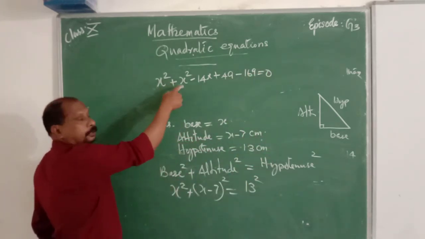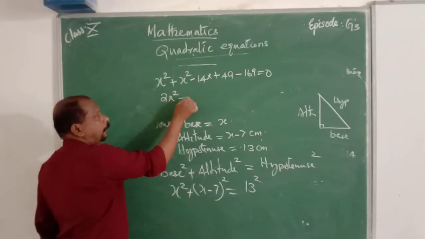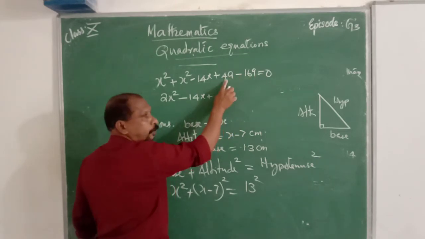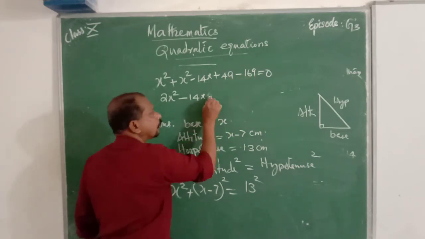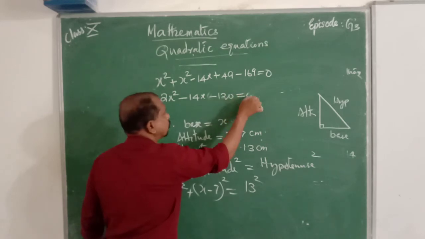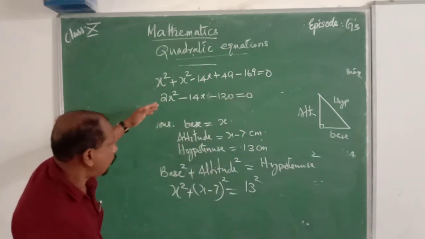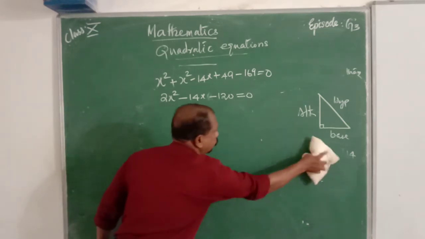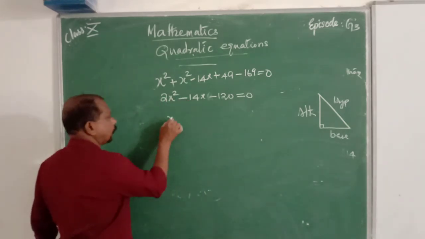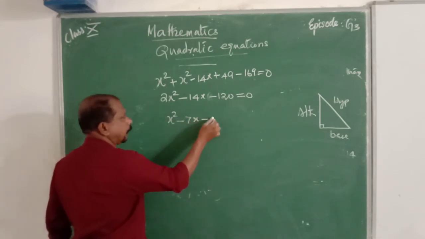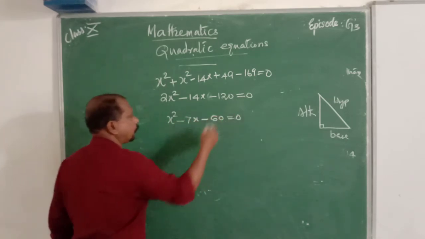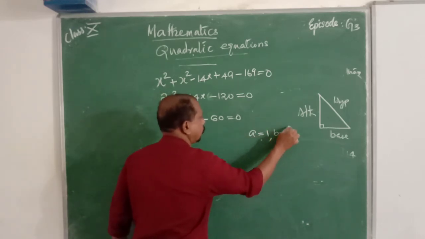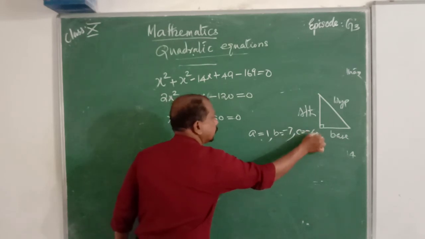That is x square plus x square, 2x square, minus 14x, plus 49 minus 169 is minus 120. This is the quadratic form, but all terms are even. Therefore, dividing by 2, we get x square minus 7x minus 60 is equal to 0. Therefore, a is equal to 1, b is equal to minus 7, c is equal to minus 60.